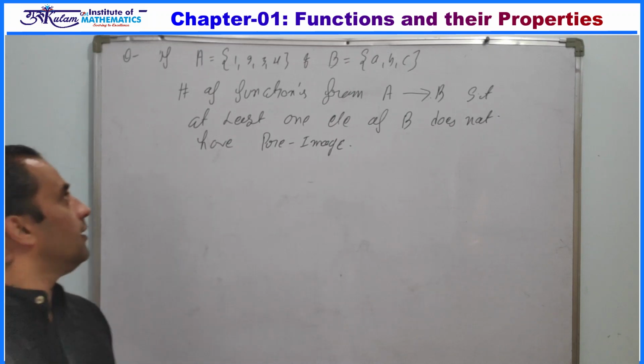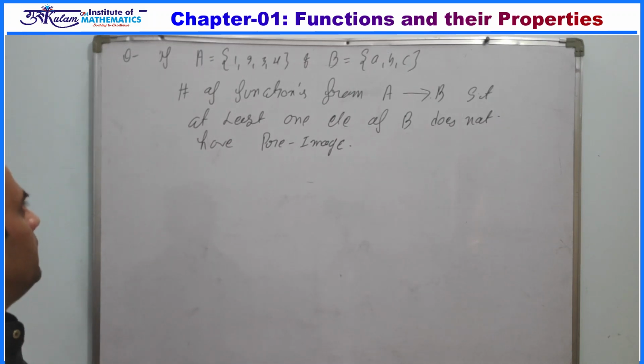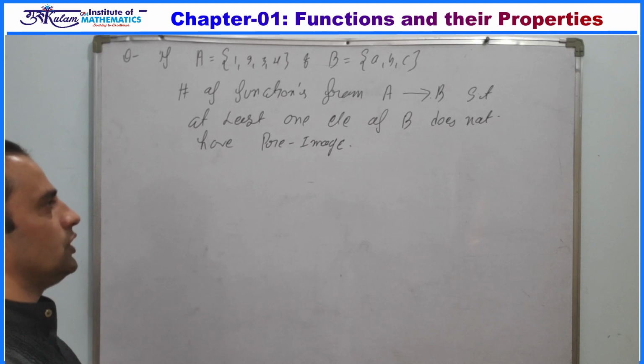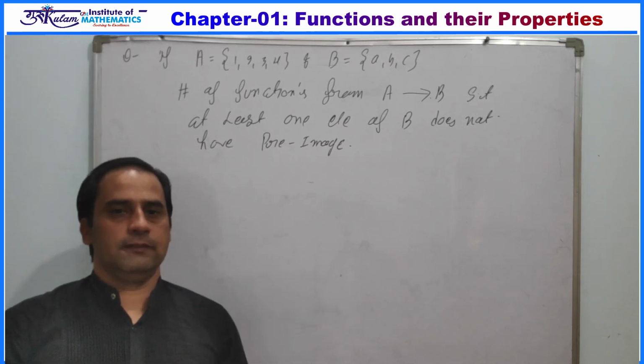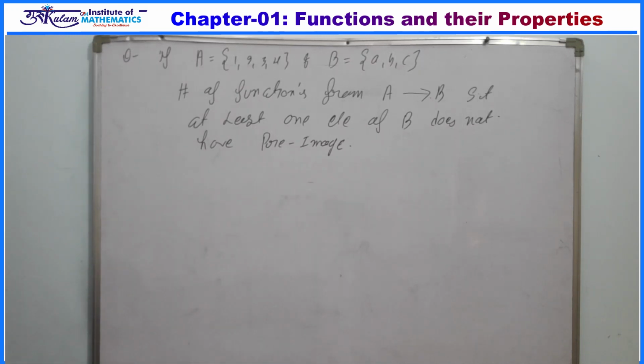So we have A with 4 elements, B with 3 elements, and we have to find the number of functions from A to B in which at least one element of the codomain does not have a pre-image. So how to count these functions?